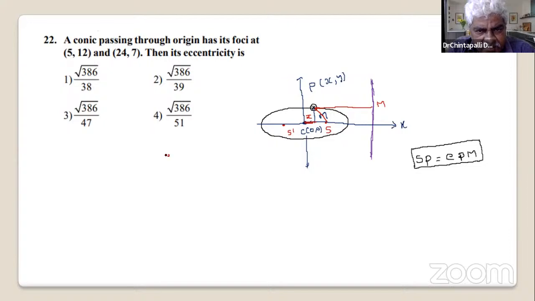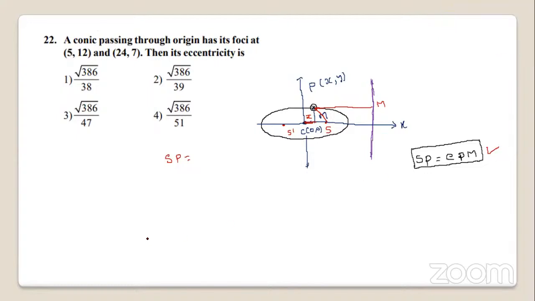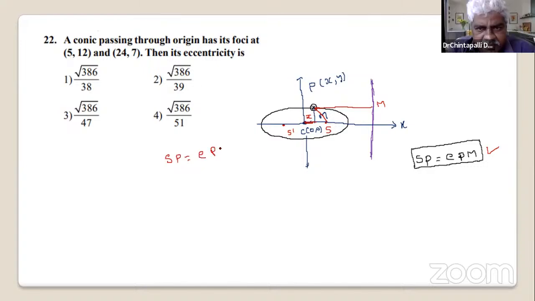SP is equal to e times PM, very good. Now, leave SP. Now we want PM.